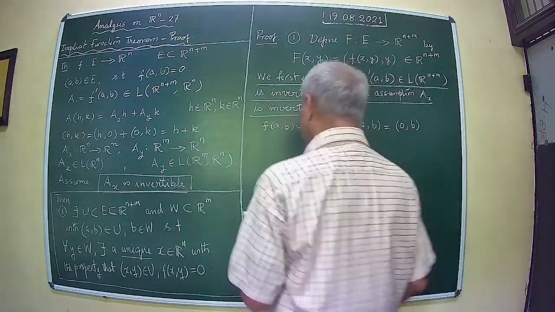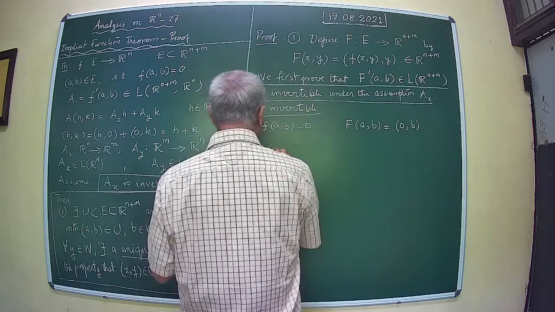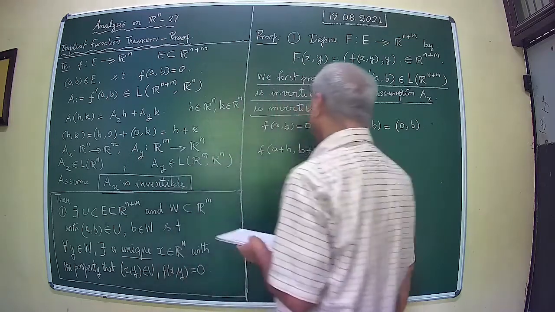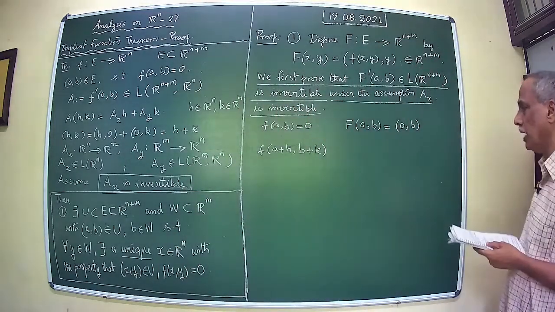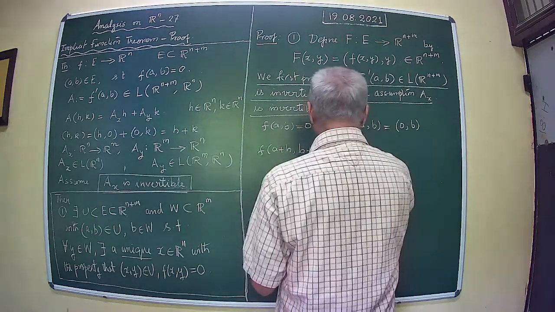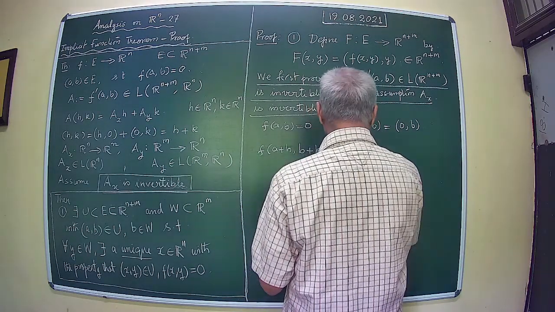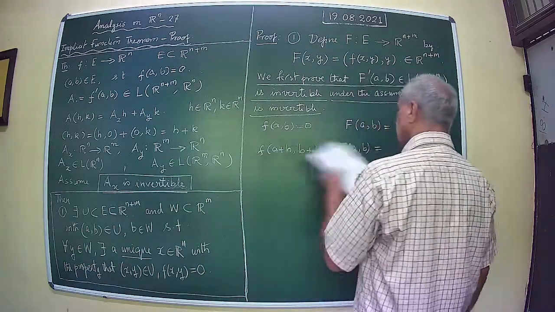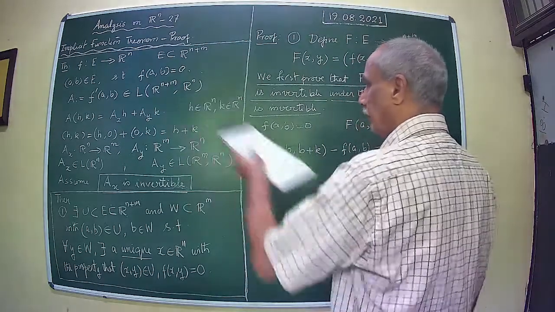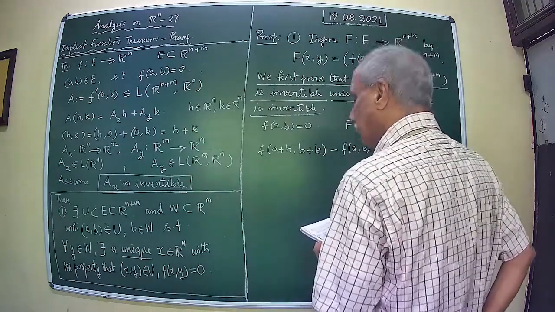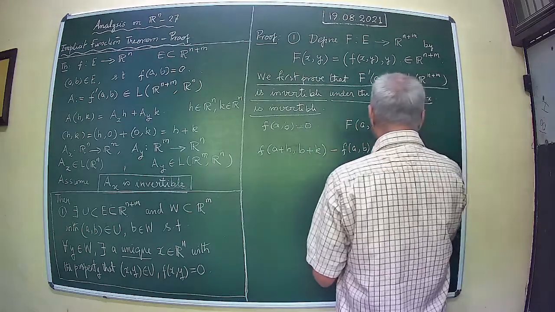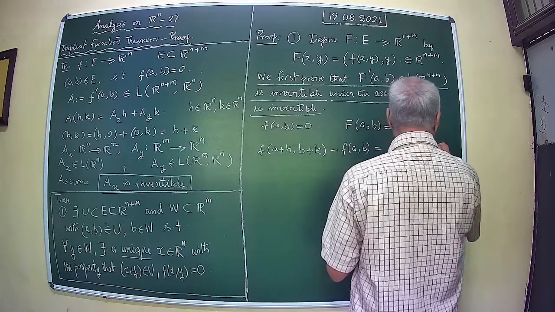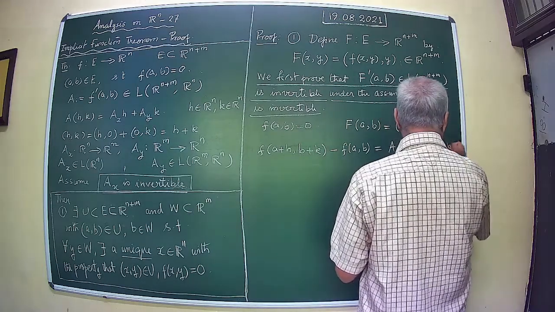Okay. So you see that f of A plus H, B plus K, where H belongs to Rn, K belongs to Rm, minus f of AB, which is 0. This is equal to, because it is differentiable and we have already this f dash AB equal to A, this is A acting over the vector HK plus R of HK.